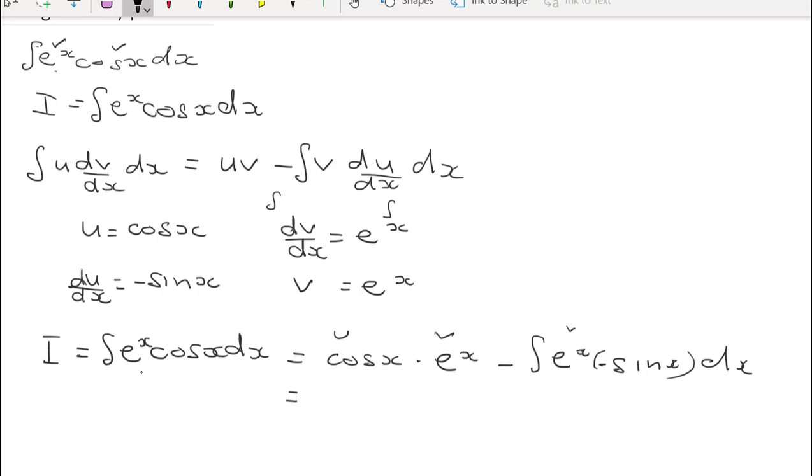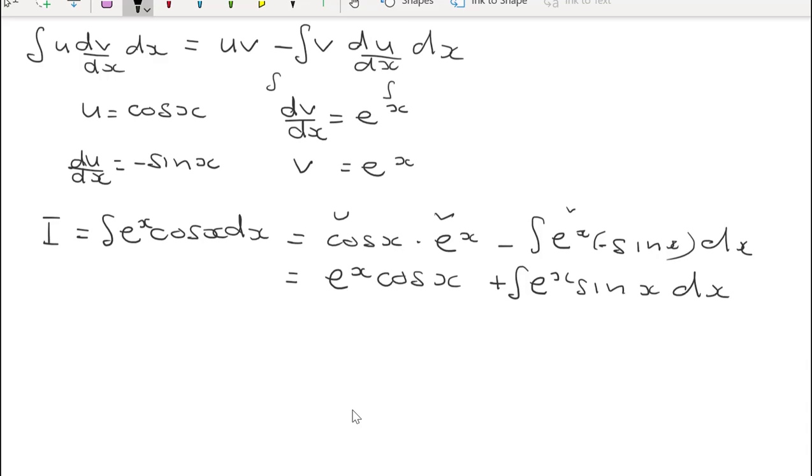Simplifying, let me rearrange also. E raised to the x cos x minus, well, this becomes plus because it's two minuses here, the integral of e raised to the x sine x dx.